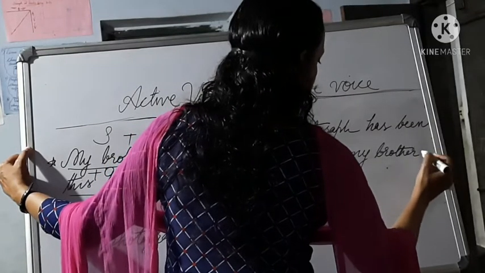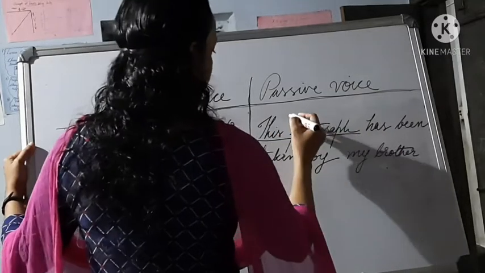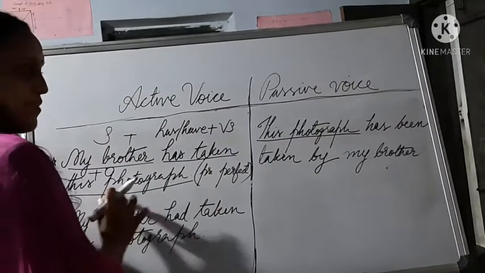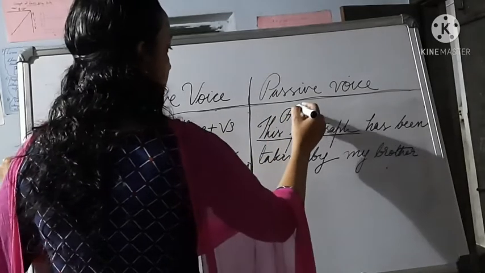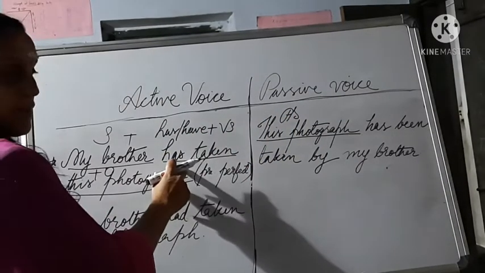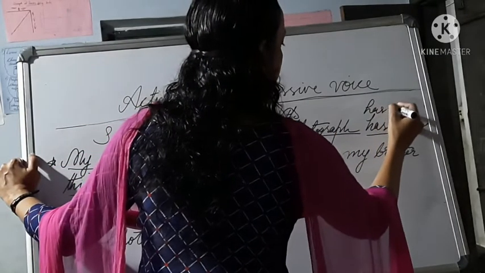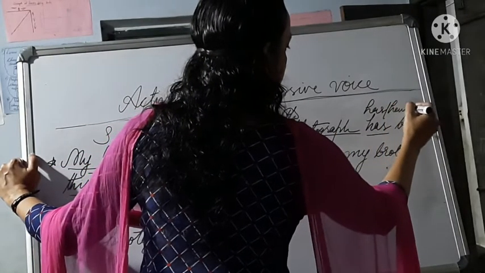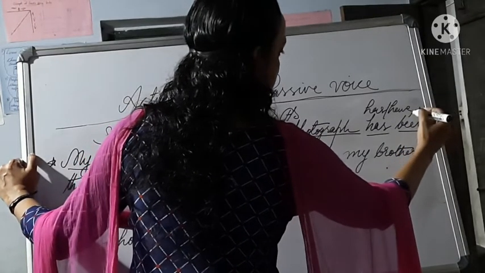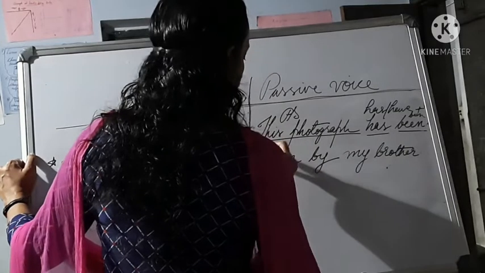And that becomes the passive object. So let's see what this is. This photograph is the object in active voice, and here we can call it the passive subject. Since it is in present perfect, you have to use has or have plus, since it is perfect, the special word been, plus V3 form.